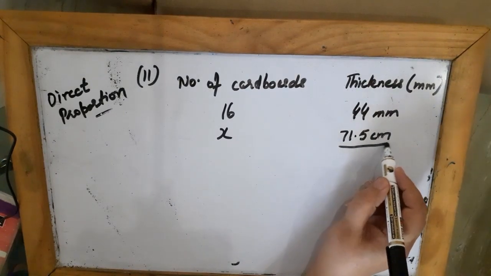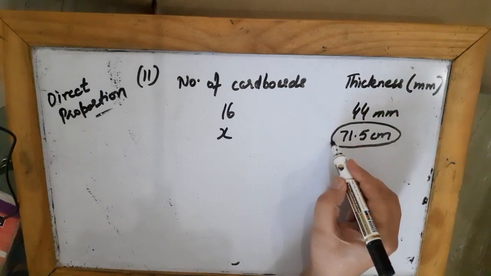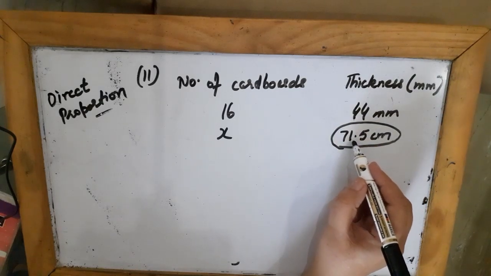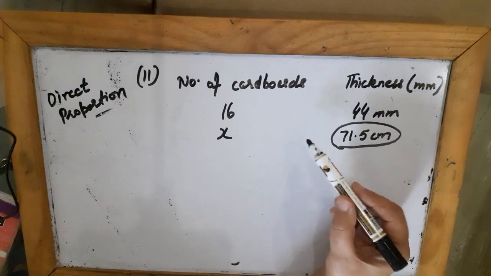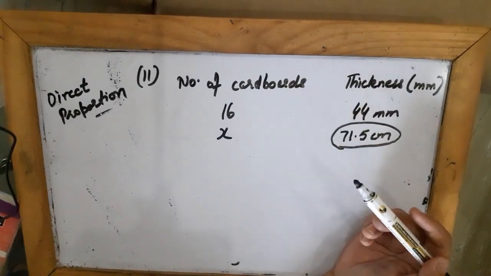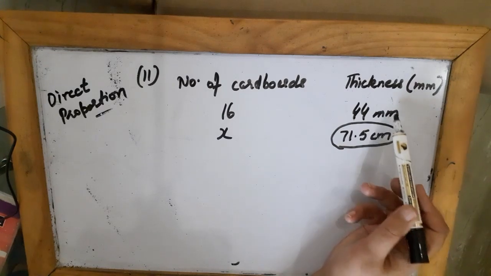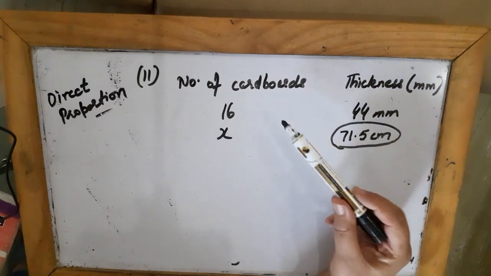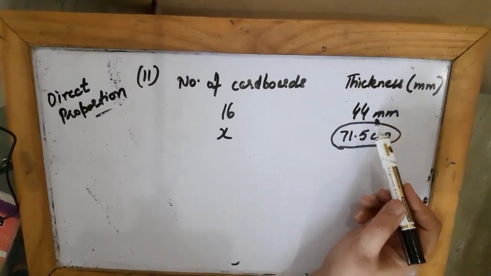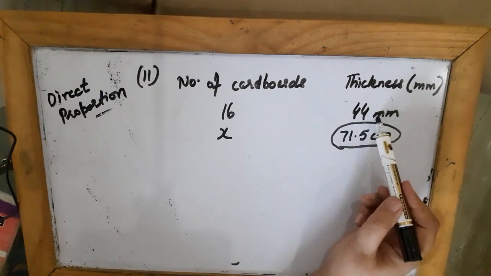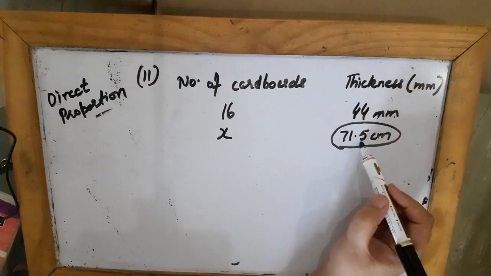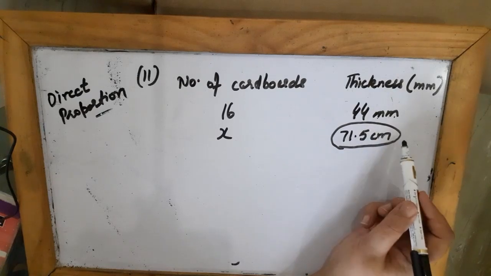अगर वो पाइल जो है इतनी मोटी है 71.5 सेंटीमीटर मोटी है, so it means how many cardboards are there in that. Now if you can see again, the units are not the same. When they told about 16 cardboards, they said that its thickness is 44 millimeters, while now the thickness is 71.5 centimeters.